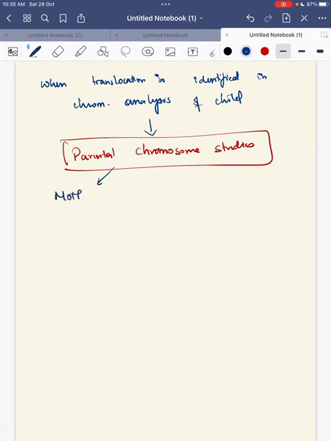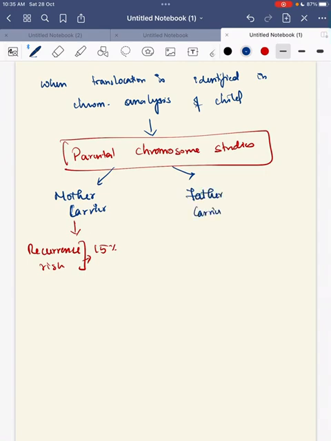When you do parental chromosome studies and find the mother to be the carrier, there will be a recurrence risk of 15%. So the next child having the features of Down syndrome will be 15%.